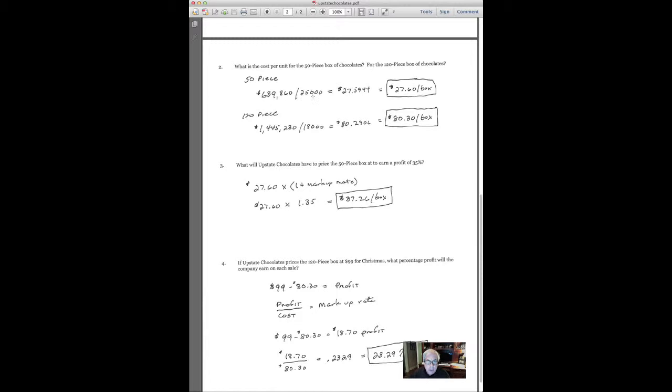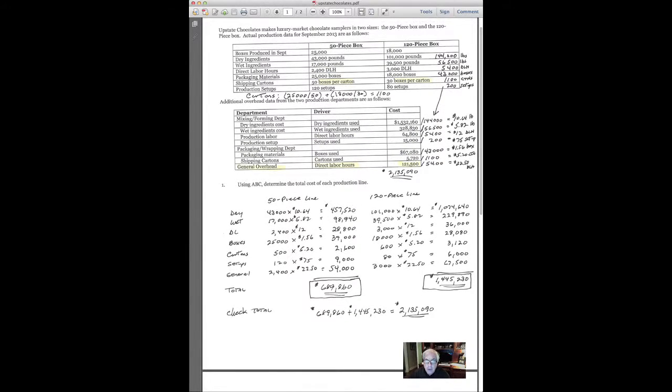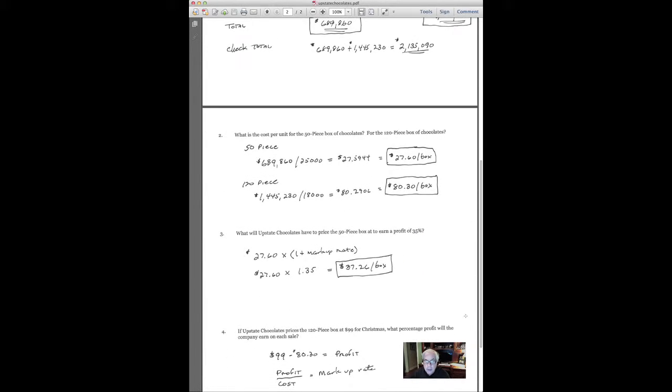All right, 689,860. We made 25,000 of them. If you go back up to the previous page, 25,000 up here, 689,860 divided by 25,000 is 27.5944, and actually 27.59 is a little more correct, but either way, you get the idea. And you're going to round the money to 2 decimal places.